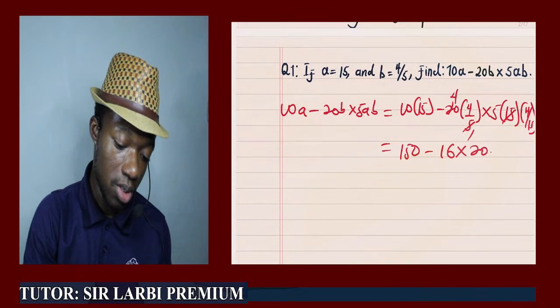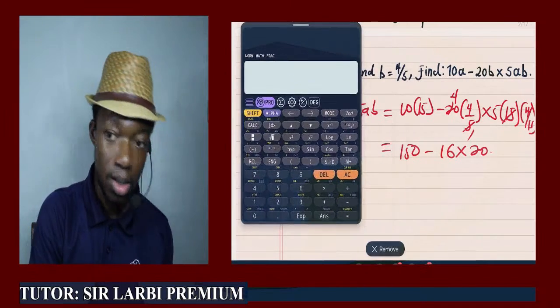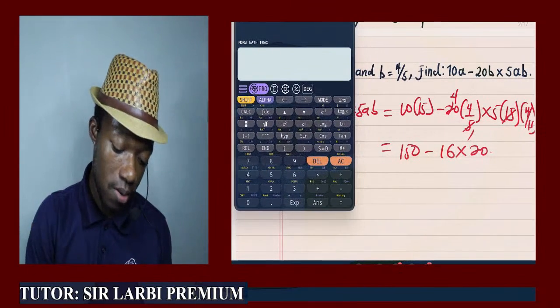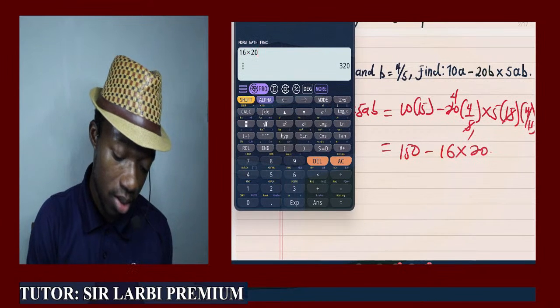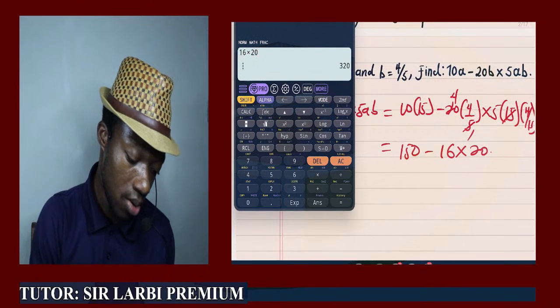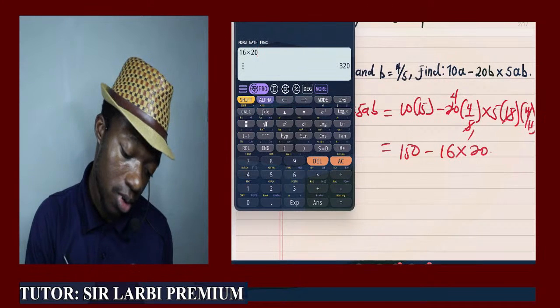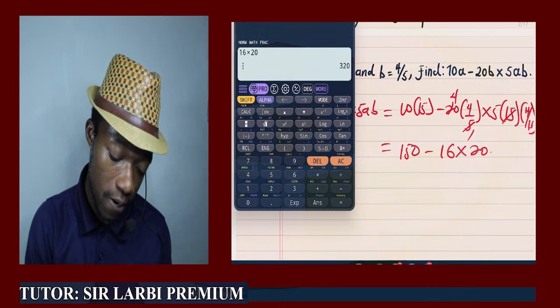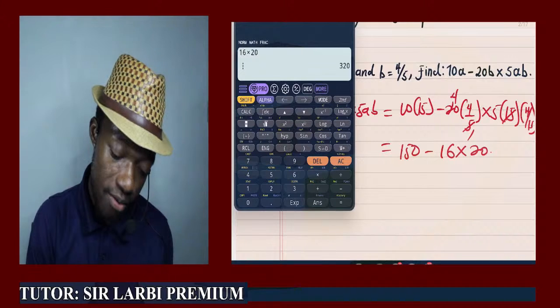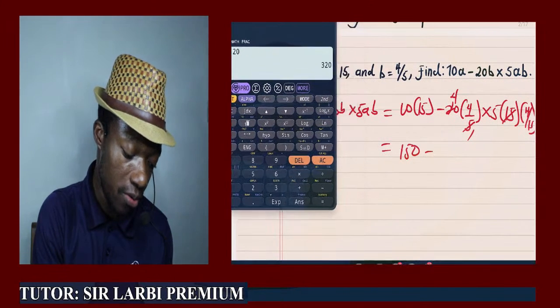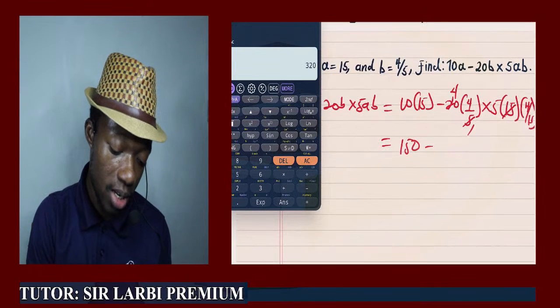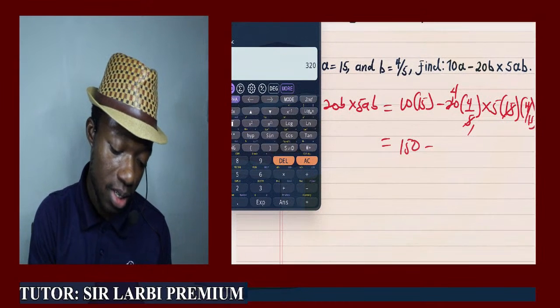If I should multiply this here, 16 multiplying 20. No, I think we have messed up something here. Let's see. Let me do that arithmetic work for you. So here is 150.